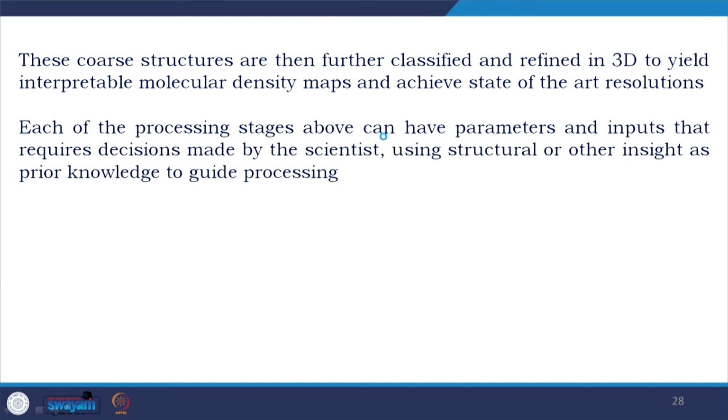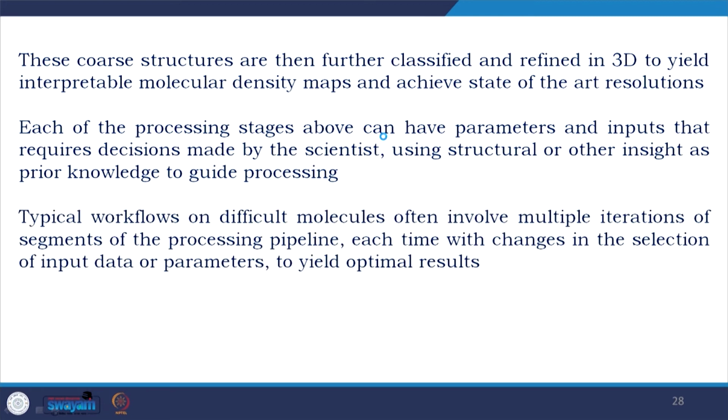Each of the processing stages above can have parameters and inputs that require decisions made by the scientists, using structural and other insight as prior knowledge to guide the processing. If you have prior information, it is always very useful for the data processing. Typical workflows on difficult molecules often involve multiple iterations of segments of the processing pipeline.